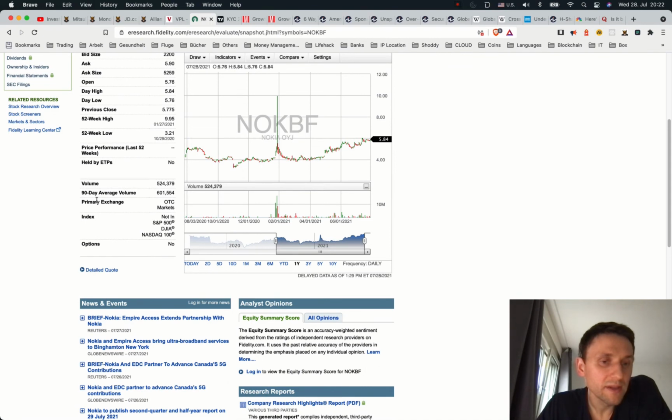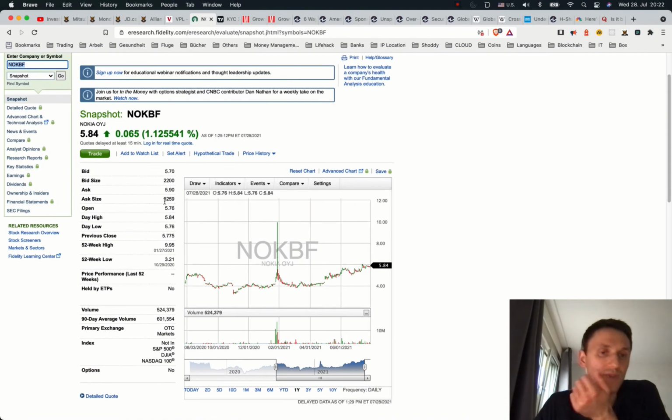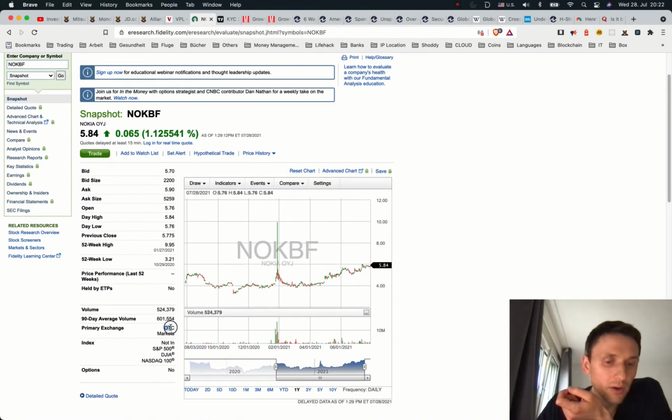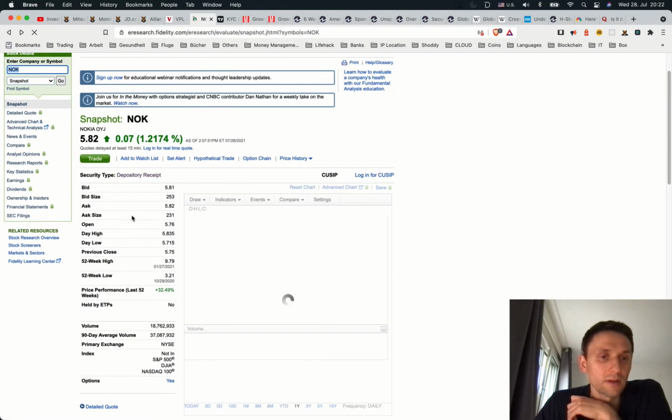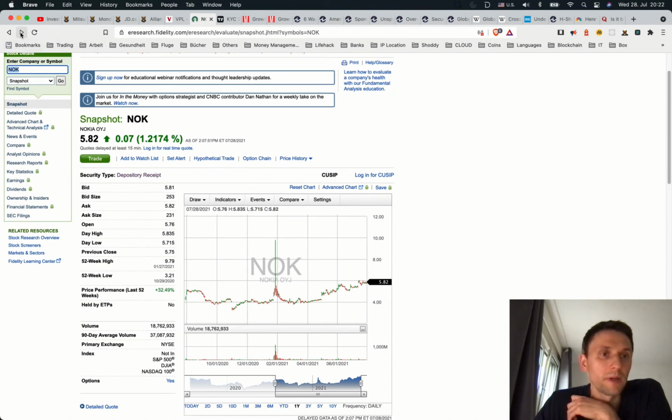We only see that the primary exchange for this ADR would be over-the-counter markets. So it means for this ADR we can buy it only through OTC markets, with less liquidity than here, but the same price.